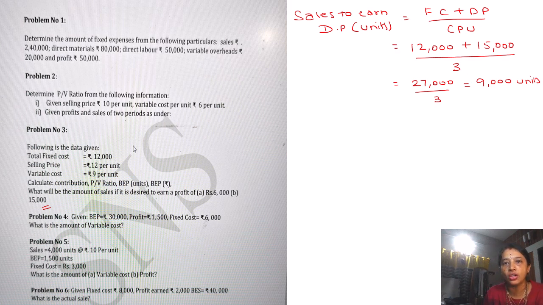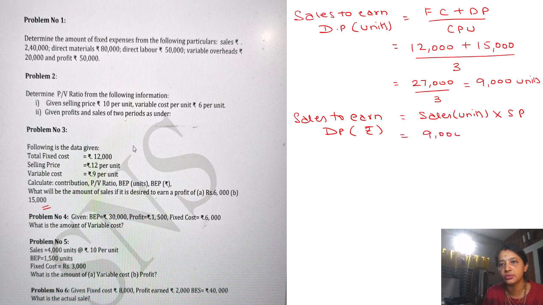So if you want sales to earn desired profit in rupees, you can take sales to earn desired profit in units into selling price per unit. Whatever you got in the previous one. How much is the sales you found out?